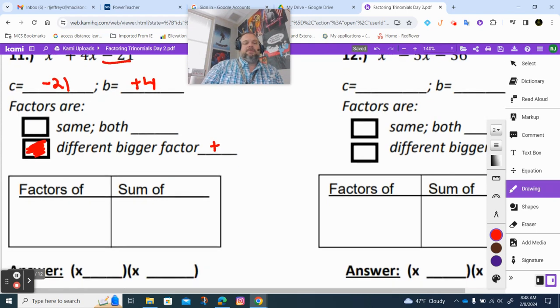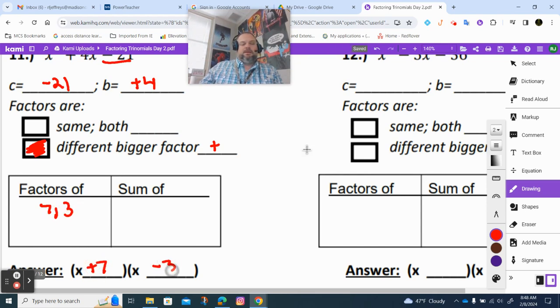What are two numbers you know that multiply to give you 21? And if you need to, this side stuff right here is if you need to check.